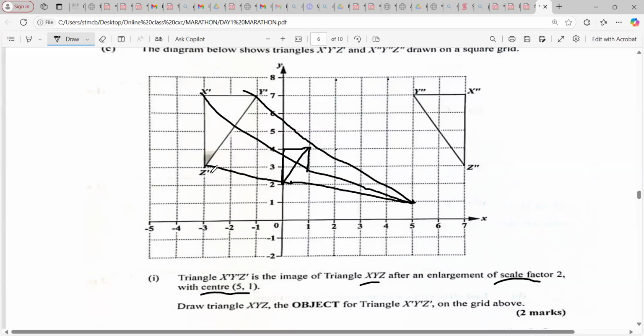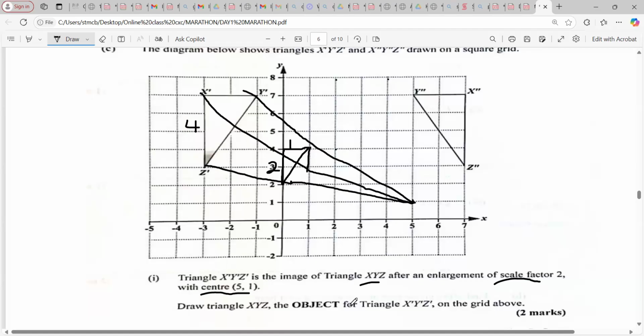So this is the 2, this is the 4 for that side here, and this is the 1. Actually, it's not drawn really accurately, but when you guys do it on the graph paper, it'll be accurate.